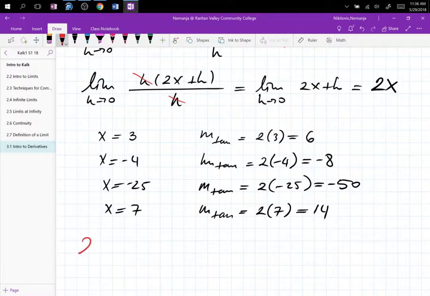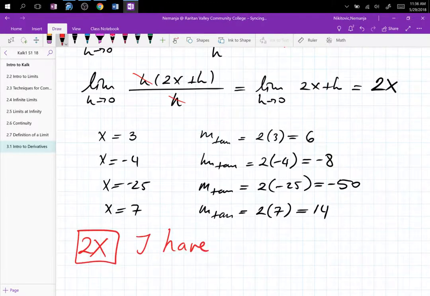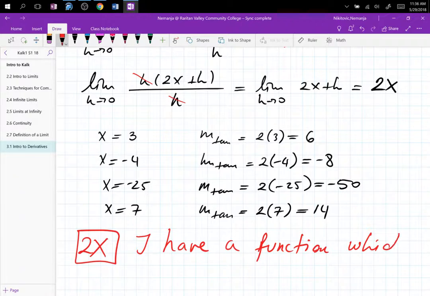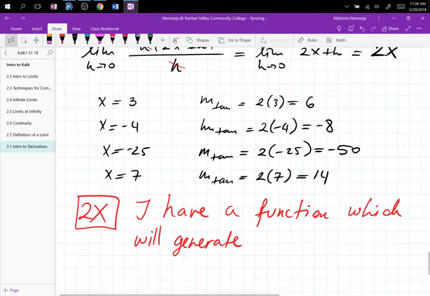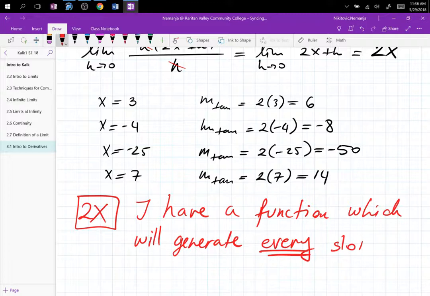I'll just write over here 2x. I have a function which will generate every slope of the tangent line.